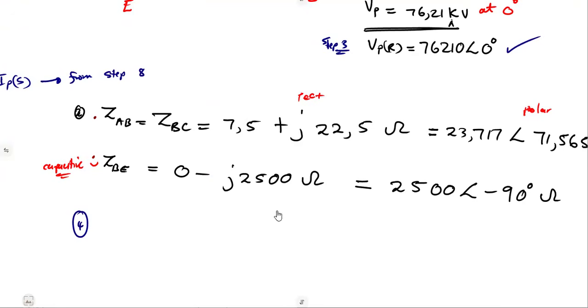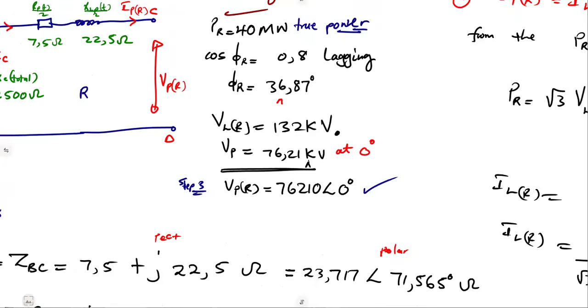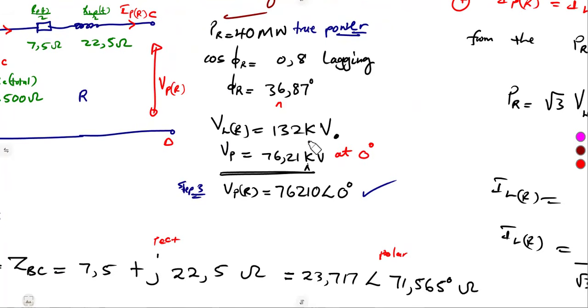So we have got the current at which angle? Let's see. We said the current as a phase value on the receiving end is 218.693. Remember, the phase angle is between the voltage on the receiving end and the current on the receiving end.